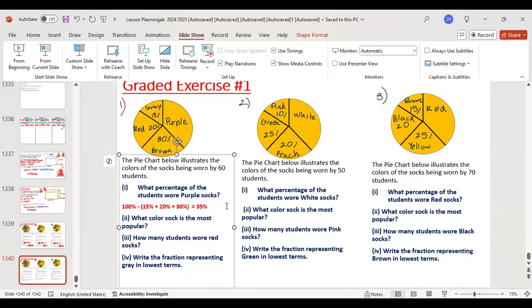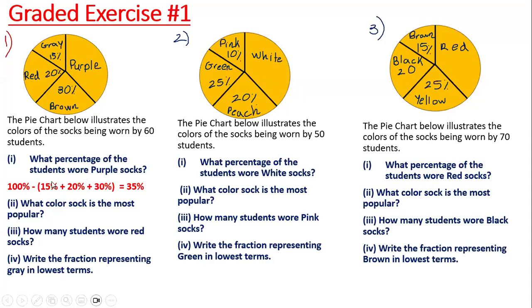We added the 15%, the 20%, and the 30%, and then subtracted that sum from 100, and that gives us 35%, all right?